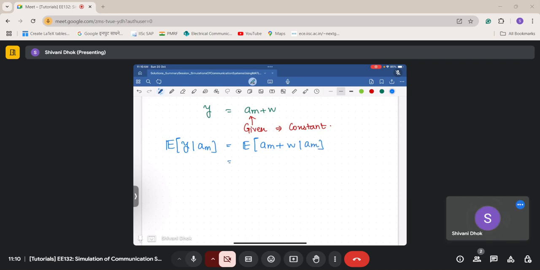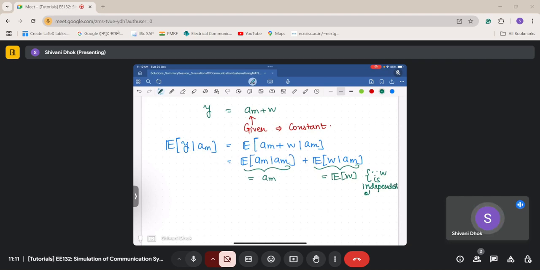If you apply linearity, it will be expectation of AM given AM plus expectation of W given AM. Now here, this particular thing is simply equal to AM, and this is equal to expectation of W, since your noise is independent of what you are transmitting, that is AM.